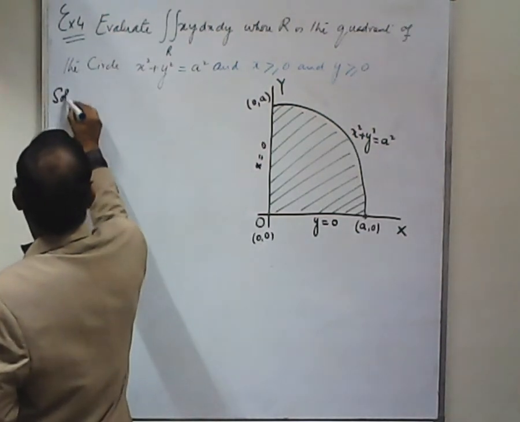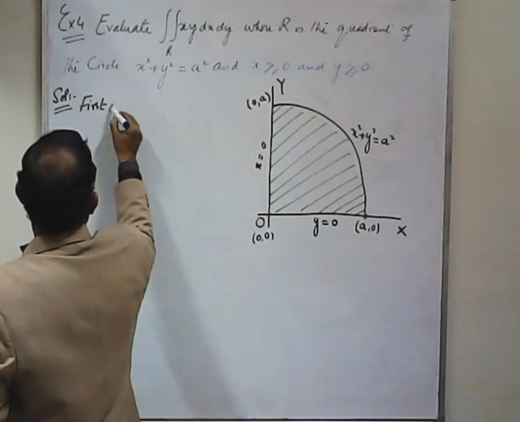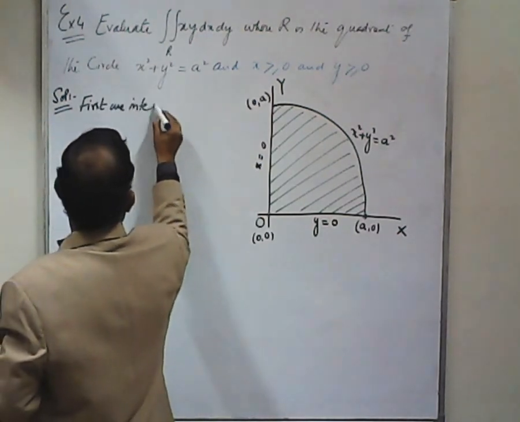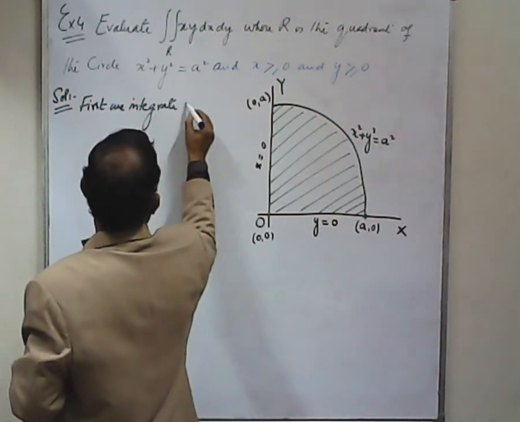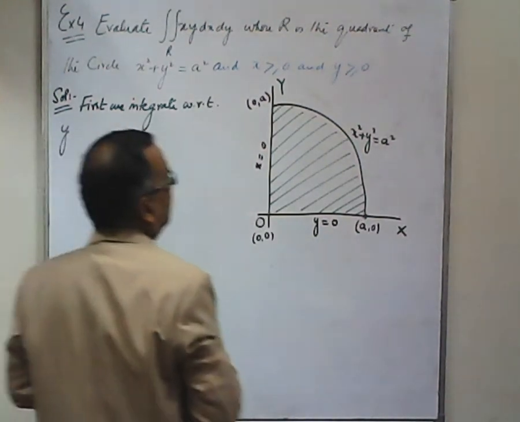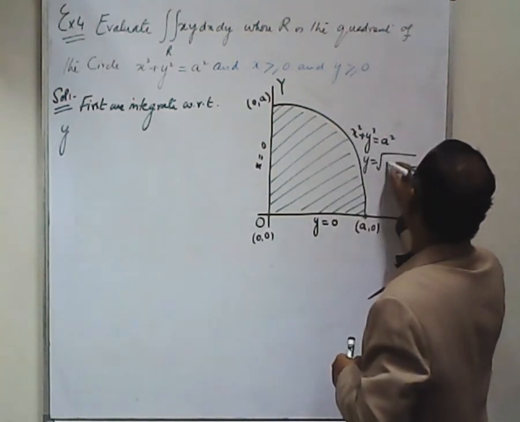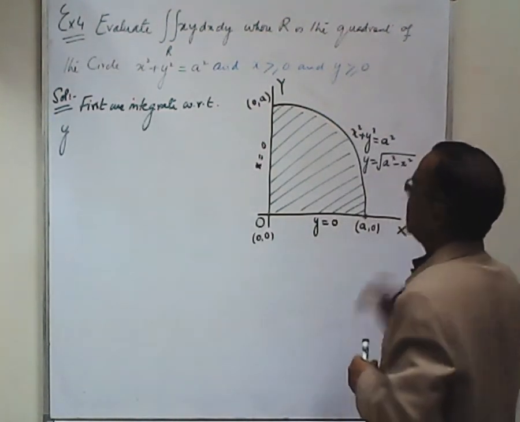Now the proper solution: in the first, we integrate with respect to y. So it means y is equal to under root a square minus x square.